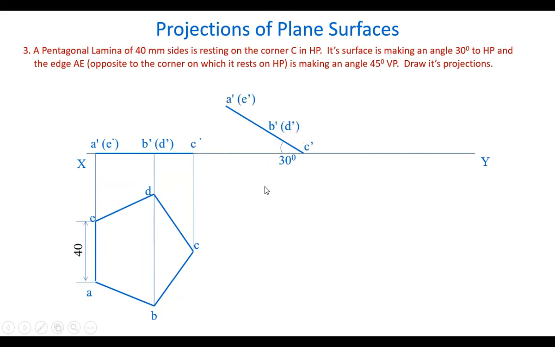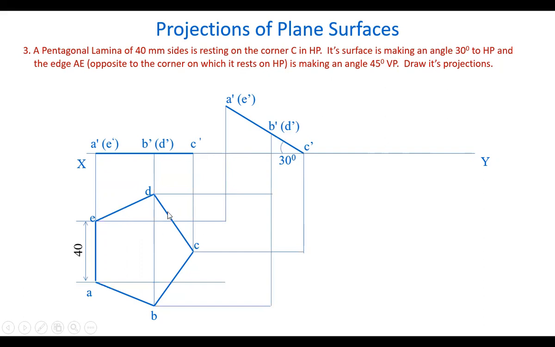We shall get the top view here. Draw projectors from all these points here and draw horizontal lines from these points. My intersection points are marked here as A, B, C, D, E. Join them by straight lines. We get A, B, C, D, E, the top view.